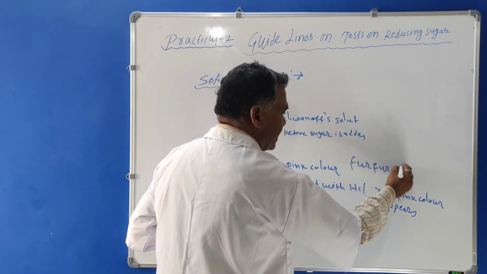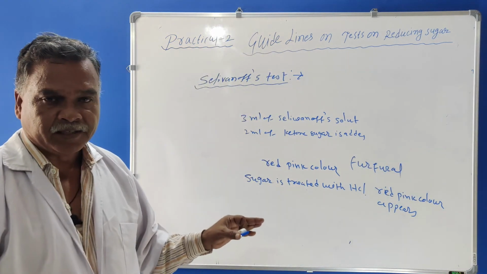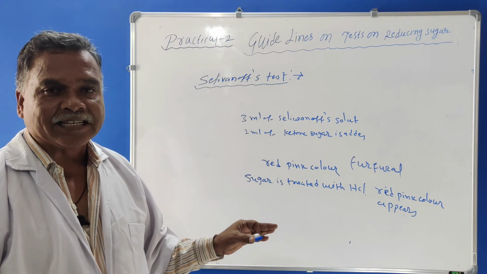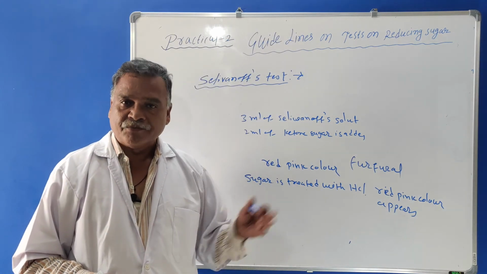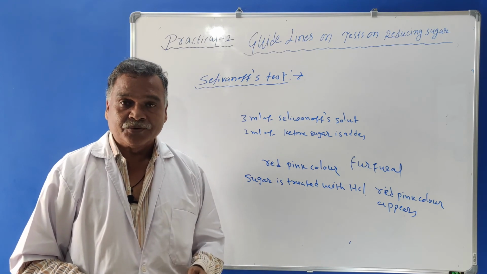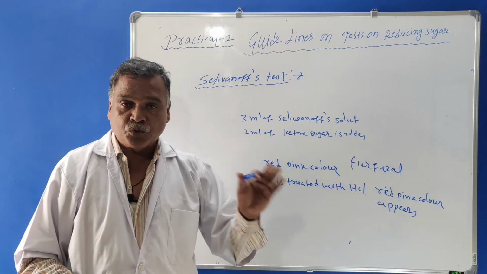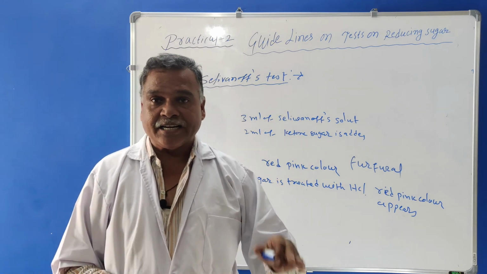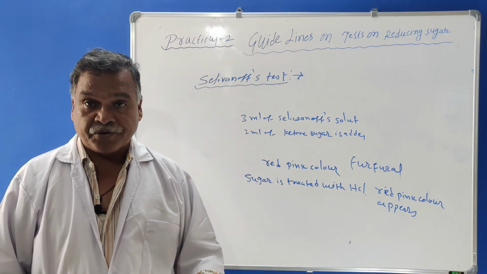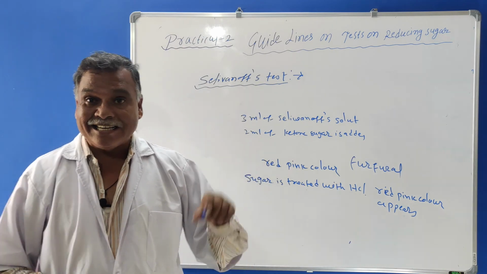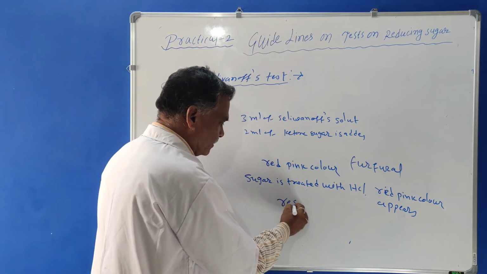Furfural. And this furfural which is developed is condensed with the resorcinol. Where does this resorcinol come from? From the Selivanov reagent. So this is the principle: when sugar is treated with the Selivanov reagent, it will give furfural, and this furfural is condensed with resorcinol.